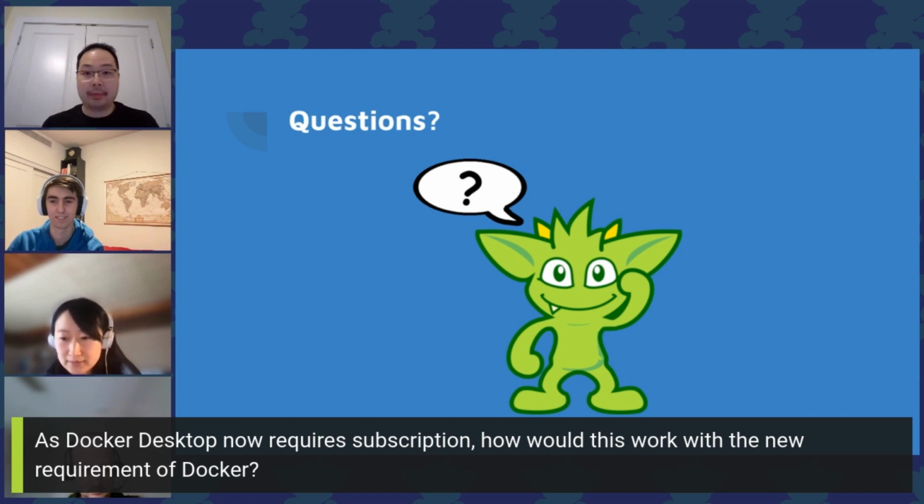Oh, okay. So we have the Docker Desktop now requires subscription. How would this work with the new requirement of Docker? Yeah, that's unfortunate. But for running, we actually just require the Docker daemon, which does not require subscription.